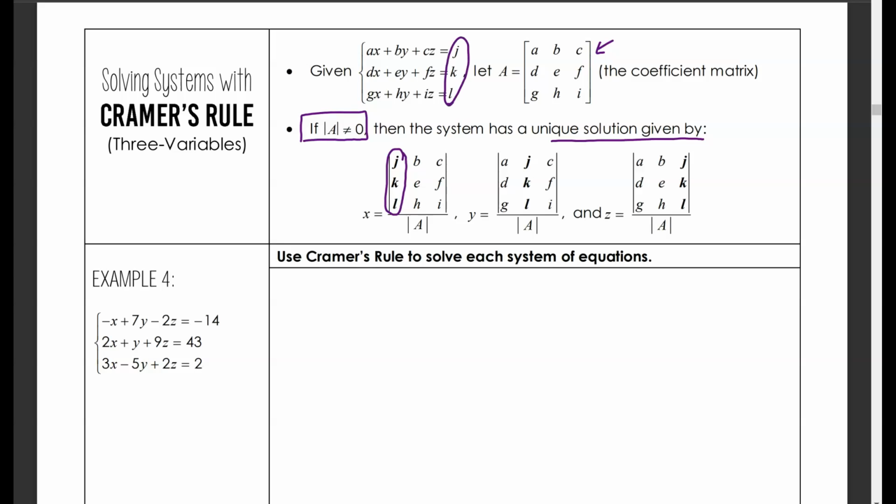In this case we've swapped out y, and in this last case we've swapped out z. Every time we're solving for a particular variable, we swap out that column for the column of the solutions.